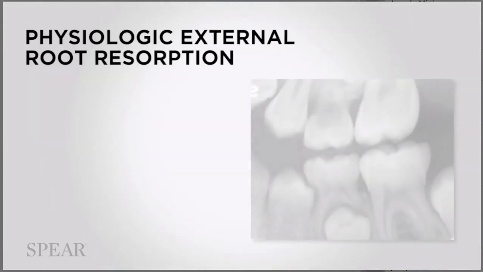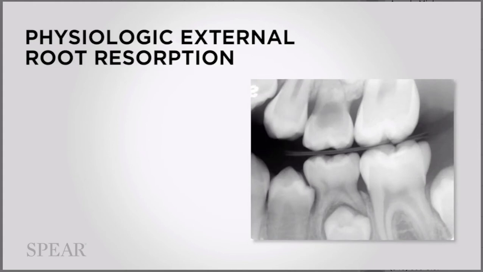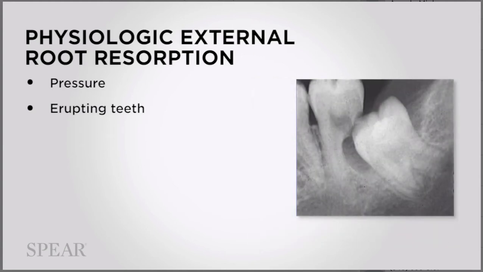But then we also have the natural process whereby a primary tooth, under a natural situation, has its root surfaces resorb from a succedaneous tooth that's coming up underneath. It's a physiologic process that happens on erupting teeth, and sometimes it happens when you don't want it to happen. For example, when there's an erupting third molar into the root structure of a lower second molar, where a lot of root structure can be damaged pretty quickly.